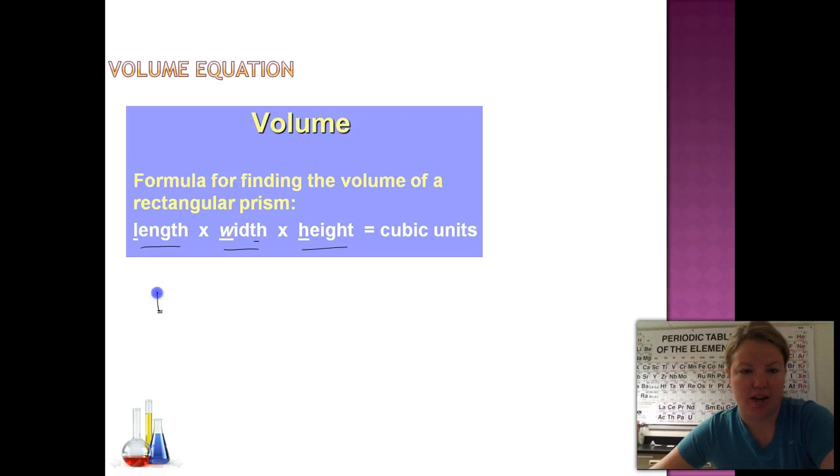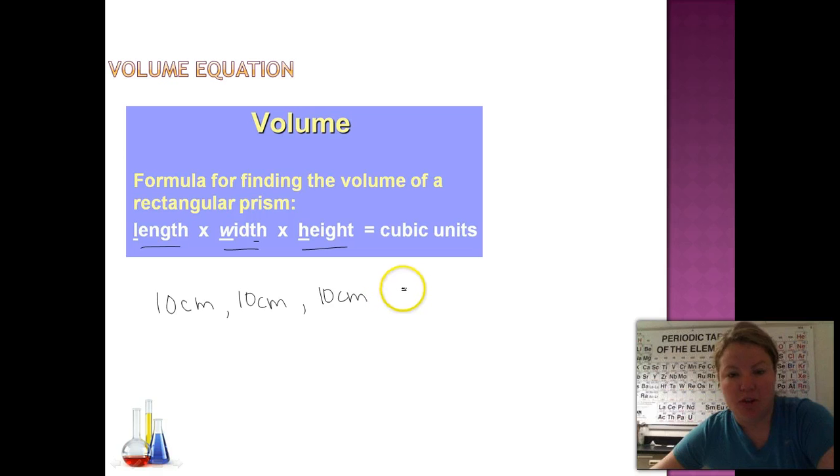So let's say that our length is 10 centimeters, and our width is, we'll just say that it's a perfect cube, 10 by 10 by 10, and that we know that the density is 7.3 grams per milliliter.